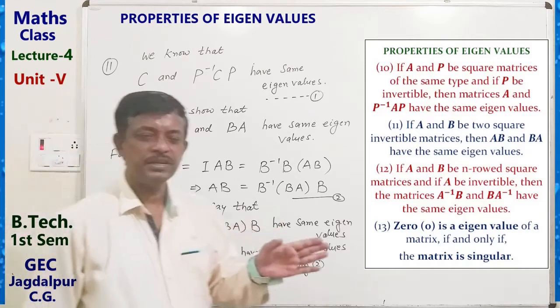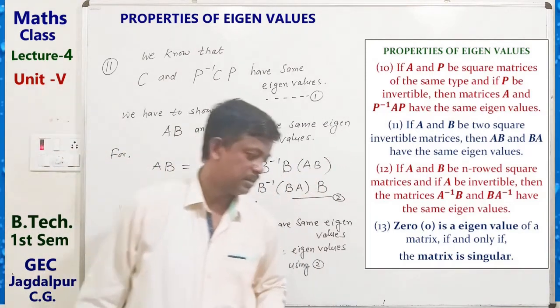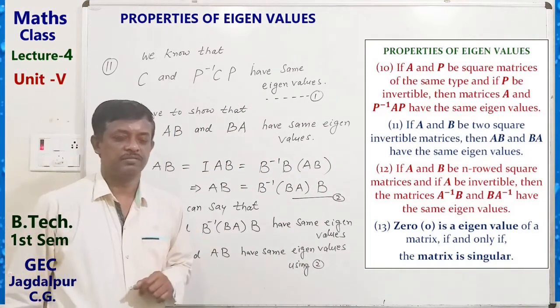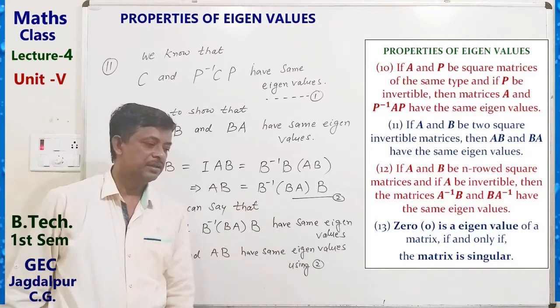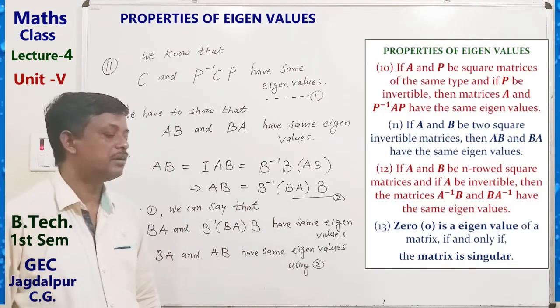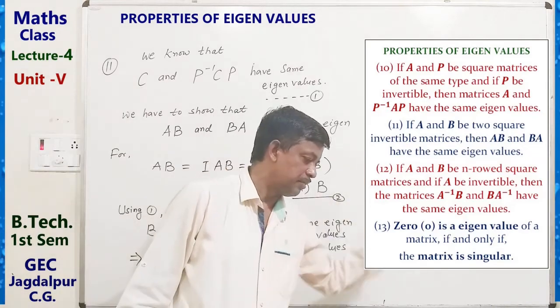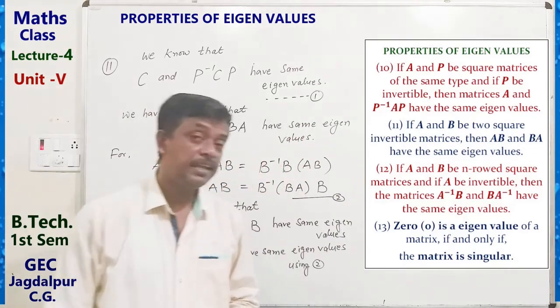Here A inverse B and B A inverse have the same eigenvalues. Here A and B are n-row square matrices and A is invertible.